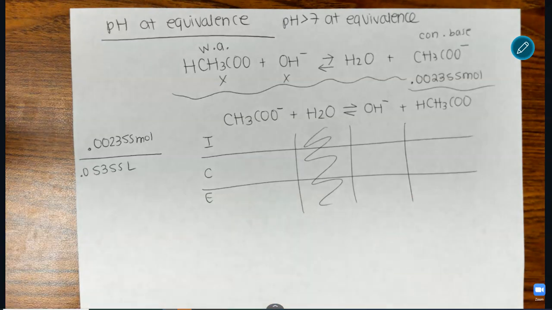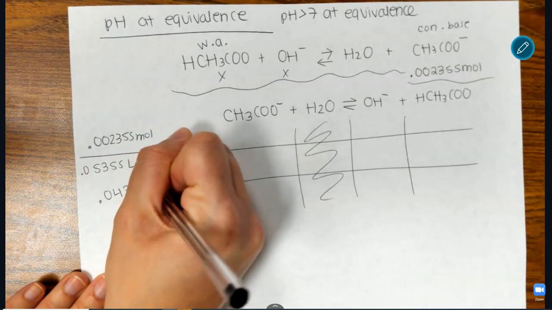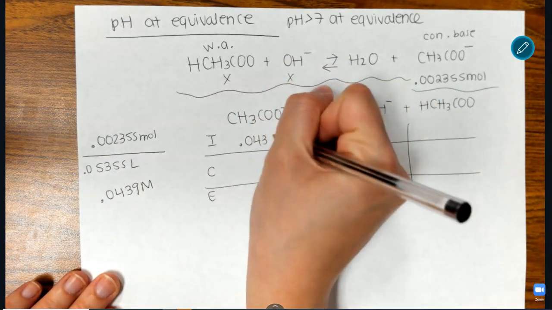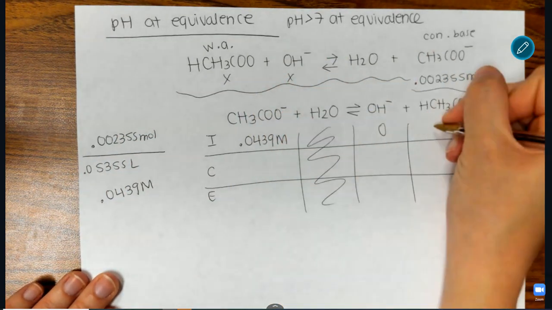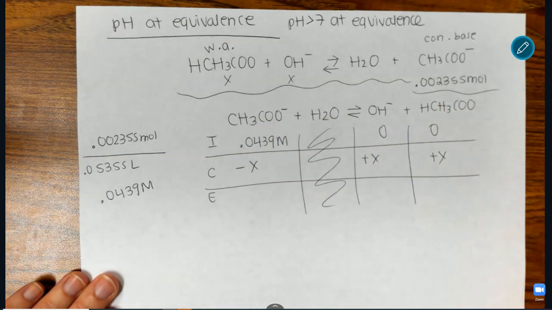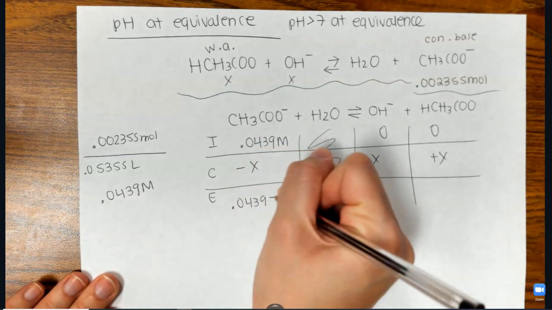There we go. And that molarity is 0.0439 M. So that's my initial for this. This reaction will come to an equilibrium. So you set up your ice table, you set up your E row.